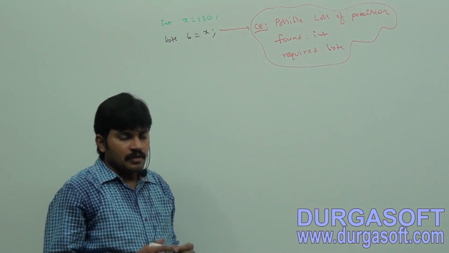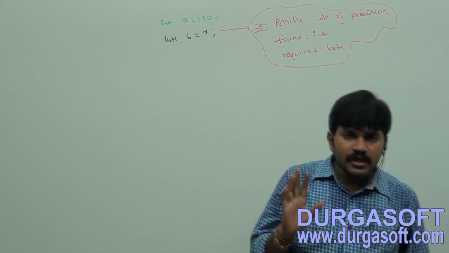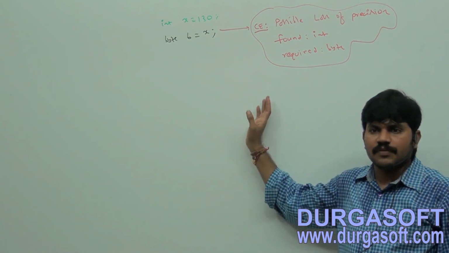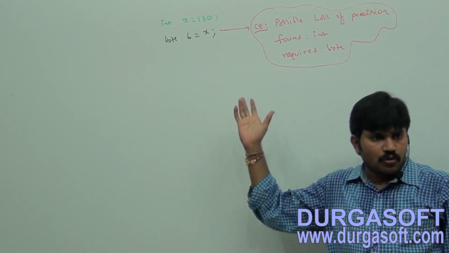Then immediately I have to convey, compiler, if any loss of information is there, I will take care. Not required to worry. Can you please accept this code to compile?